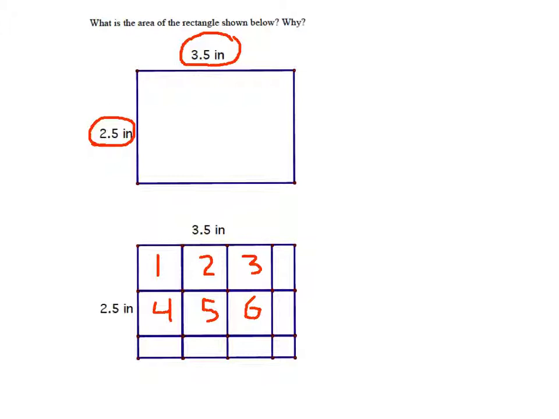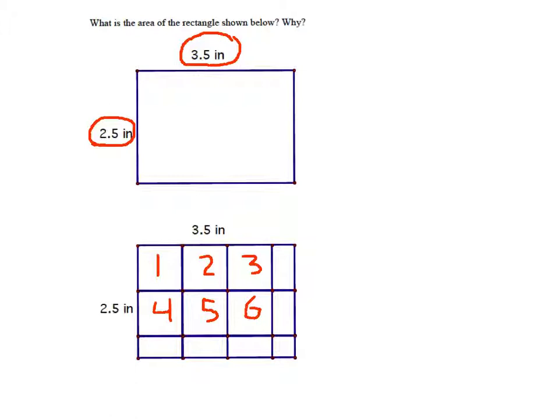So I've got those 6 whole square inches, but then I have these fraction pieces, because this is 1 inch, this is a 2nd inch, and then here's my 1/2 inch. Same up here, 1 inch, another inch, and then a 1/2 inch.